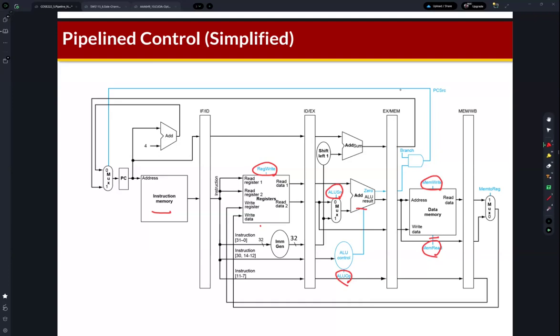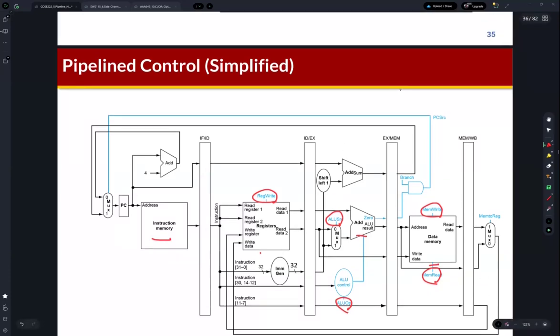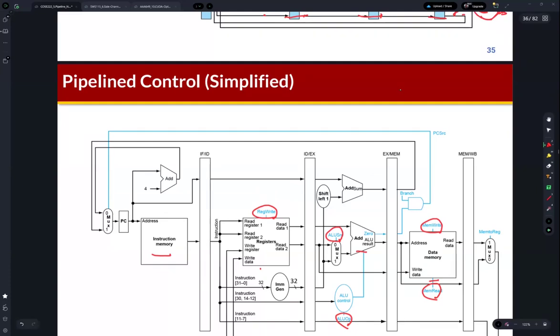Next question: how can we connect the control signal to the control port? You need to remember that we need to use control signals when required.